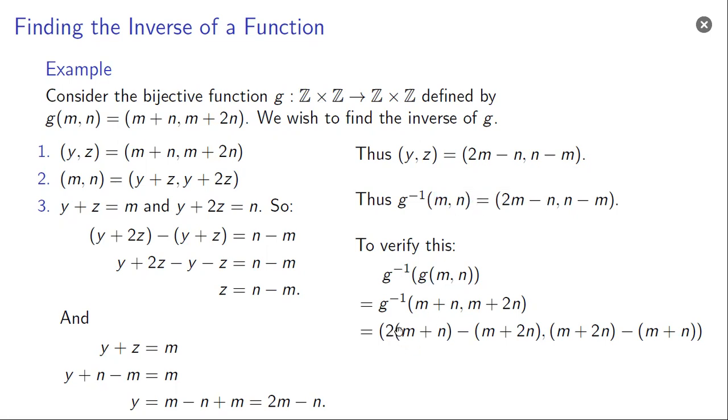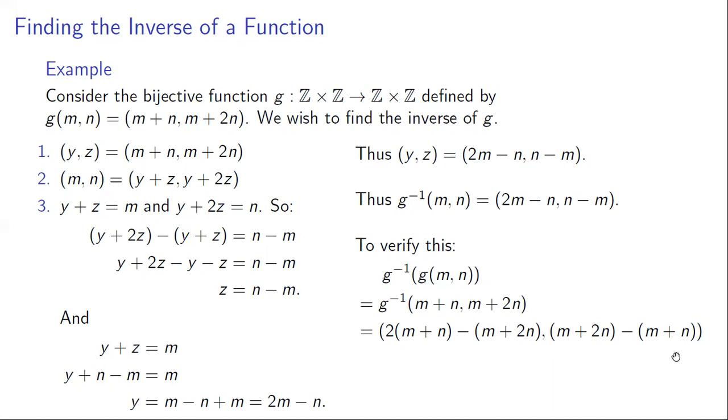So we have 2 times m plus n minus the second input, m plus 2n, comma, and then n minus m, meaning take the second input, which is m plus 2n, and subtract from that m, which is the first input. So that's, in this case, m plus n.